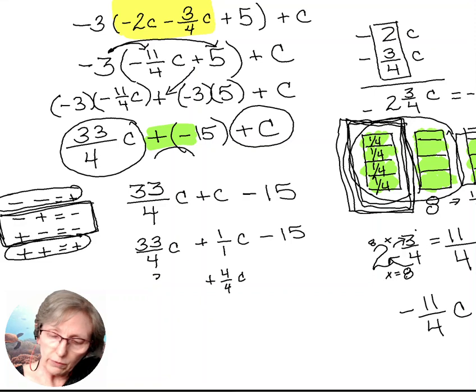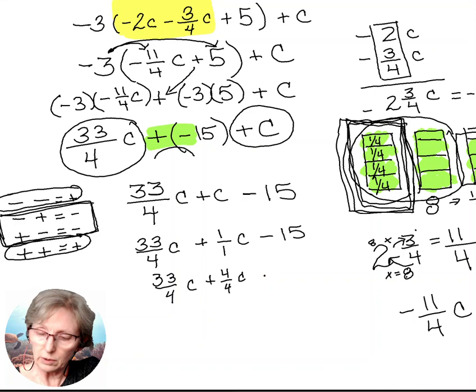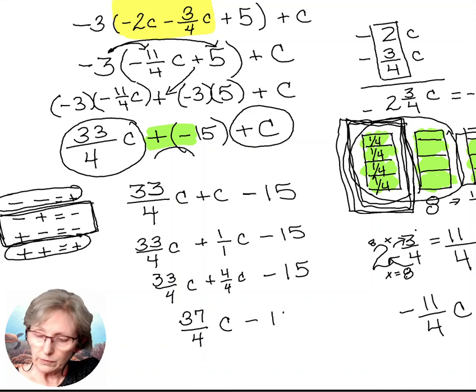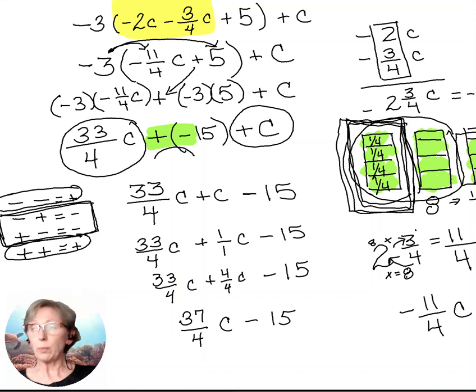So we have 33/4 plus 4/4 minus 15, which gives us 33 plus 4, 37/4 c minus 15. Now 37 is a prime number. So that is actually the most reduced improper fraction.